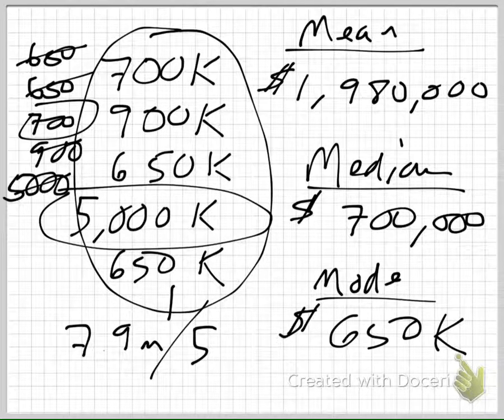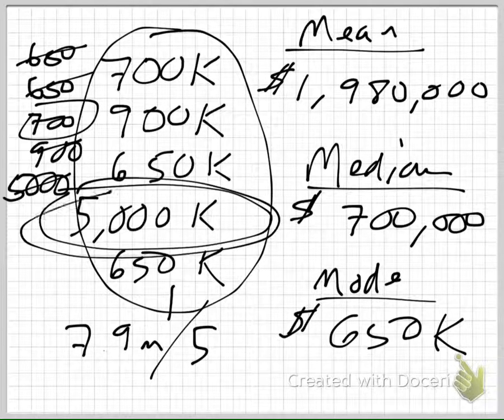So whenever you have an outlier, do you know what you normally do with outliers? You cross them out. You ignore them. They're not a part of this. So if you were really going to do an average, you would take all the numbers except the outlier.